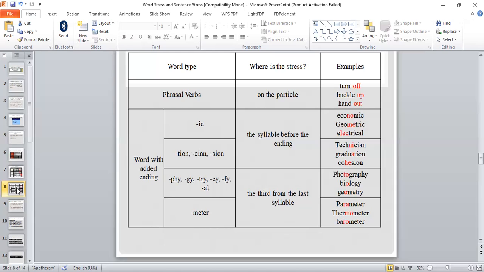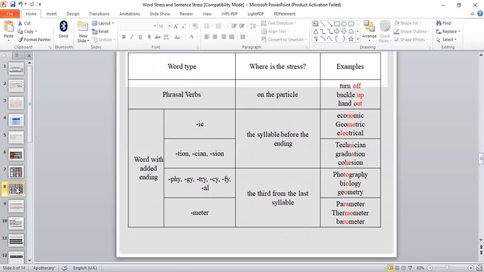In the word geometric, you realize that the second syllable is stressed. And in the word electrical, you see that the second syllable is stressed. So if we look at it very well, it is most likely that in three-syllabic words that end with IC or maybe AL, the second syllable is stressed.